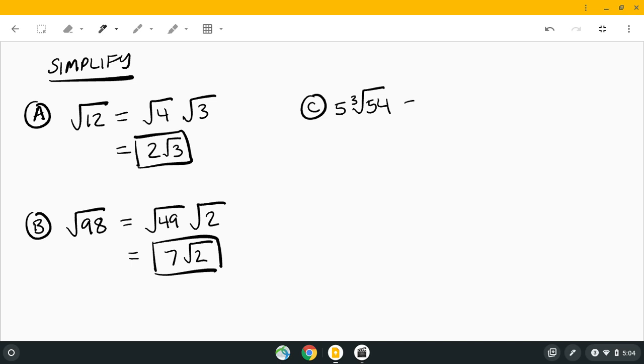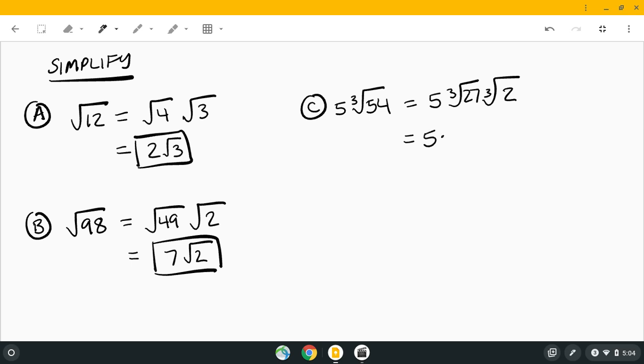Okay, so here I'm going to keep that 5 that's on the outside, but I want to break up the 54 using a perfect cube. So if you don't know your perfect cubes, then I would recommend listing them. So I can see here that it would be 27 times 2, where 27 is the perfect cube.